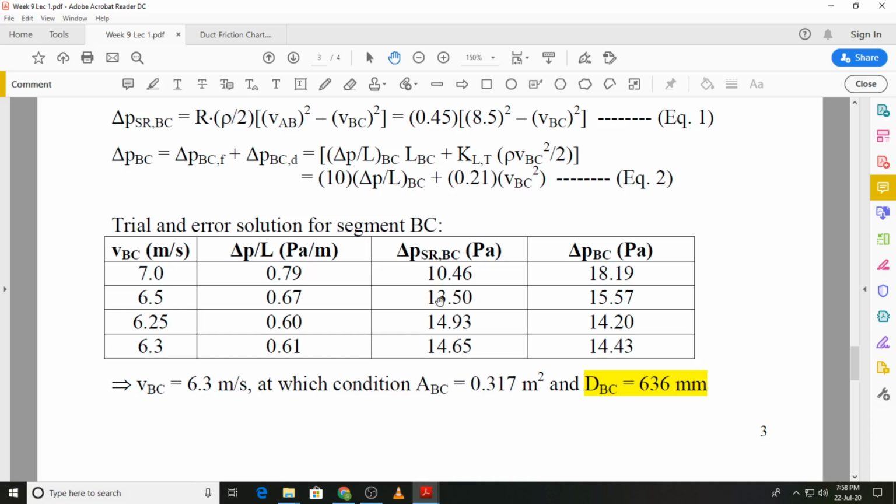As a result, we again have different values of the static regain and the pressure drop, and they are now closer. However, the value of the static regain is still on the lower side, and we can further reduce the velocity.